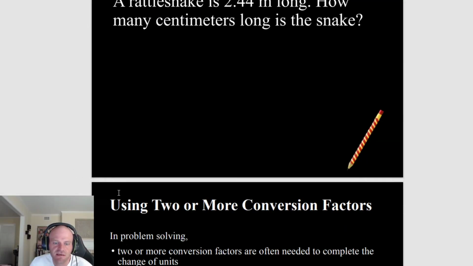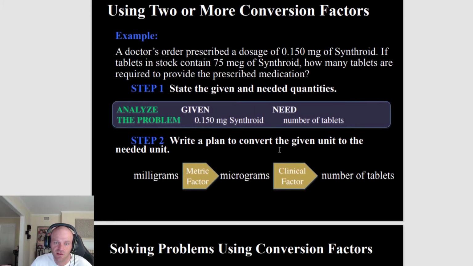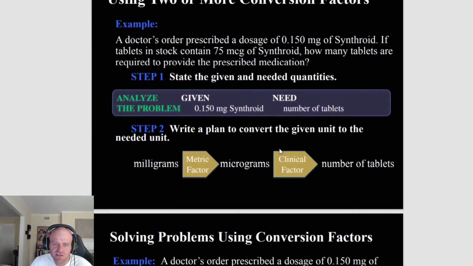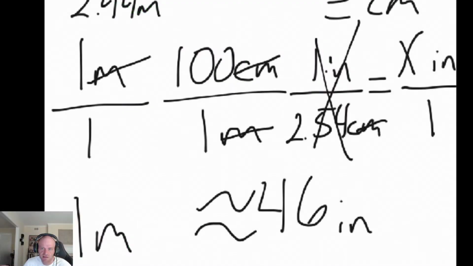Using two or more conversion factors, you'll see that sometimes you have to work quite a few steps and get through a lot of units. Let's do another practice problem. How many minutes are in 1.4 days? I like this. Okay, so clear all this.